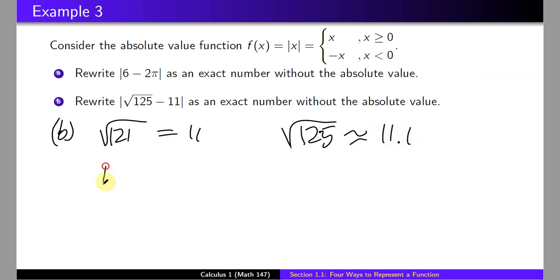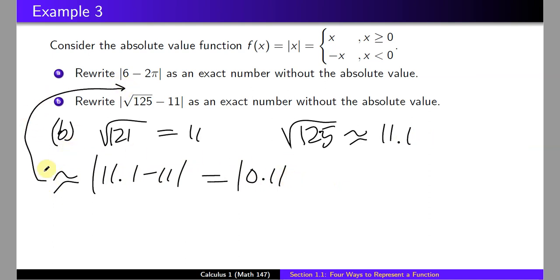So what do we have here? We have 11.1 minus 11 in absolute value, which is roughly 0.1. So it's going to be roughly that. And so this belongs in the top piece, which means that when you plug 0.1 into the top piece, you just get out 0.1.